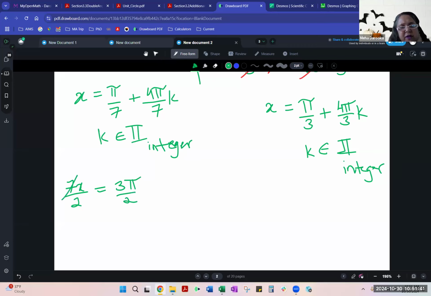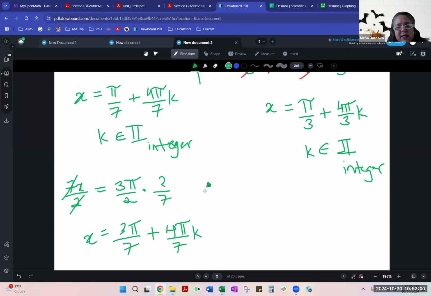So when you move that to the other side, this is where you would end up getting x equals 3 pi over 7, because the 2's would cancel out, and then we would do the periodicity.